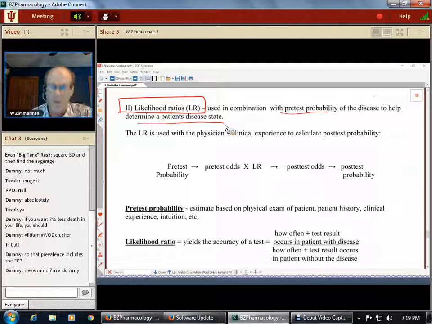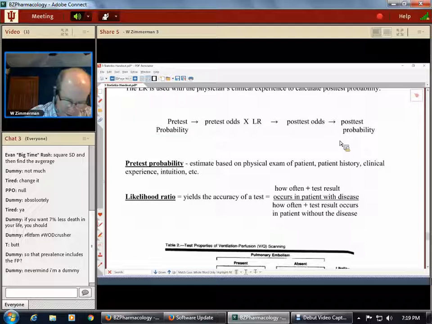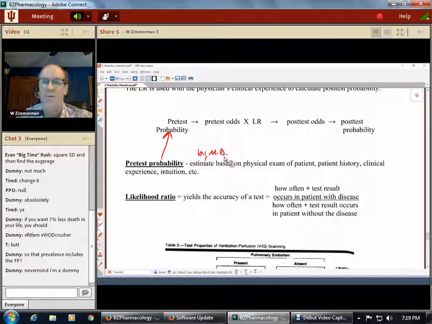So what they're doing with these likelihood ratios is using pretest probability to help determine a patient's disease state. Let's look at an example here. We start with a pretest probability, and that's an estimate by the MD based on the physical exam, the patient history, and clinical experience. What's their intuition?